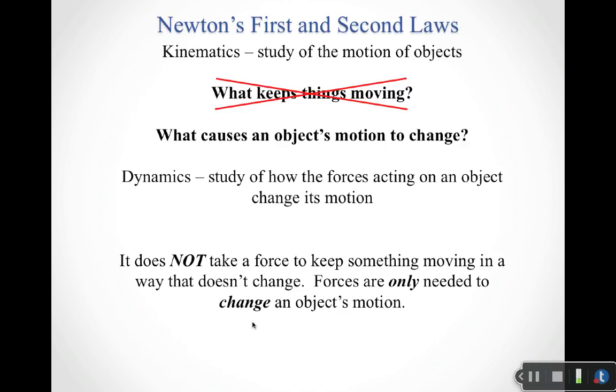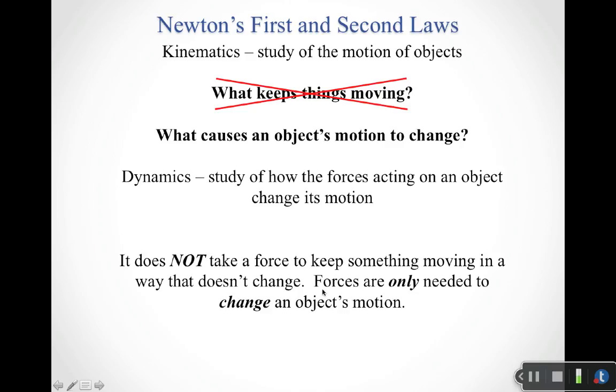Now the way that we tend to think about the problem, because this fits in with our experience, is if you want to slide a block across a table, let's say, well, if you let it go, the block is clearly going to slow down. So if you want to keep sliding it across the table at that same speed, keep its motion constant, you've got to keep pushing. And the idea is that the reason the block slows down, right, it's not because you need to push to keep it moving.